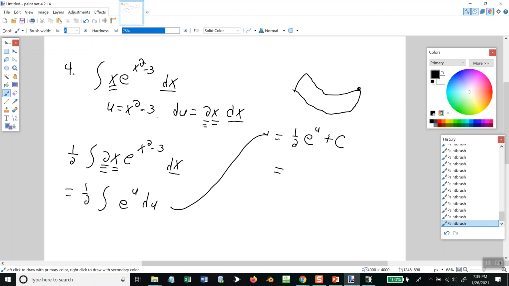U we said was x squared minus 3. So we got 1/2 e to the x squared minus 3 plus c. One of the sections out of this chapter does a lot of reviewing for these techniques. So if you've forgotten u substitution, you'll be reminded of it.